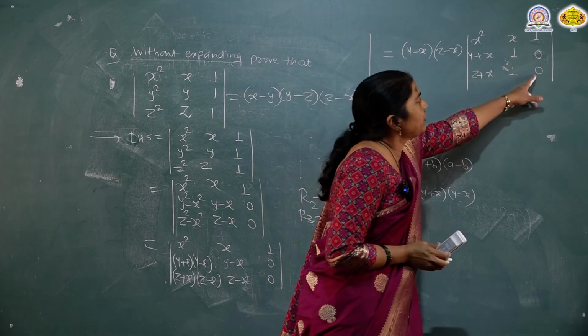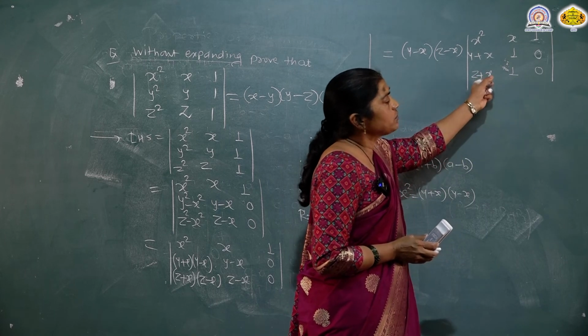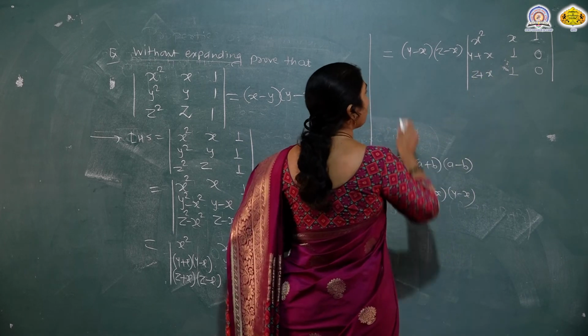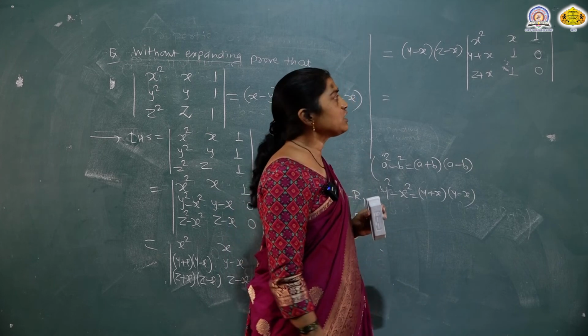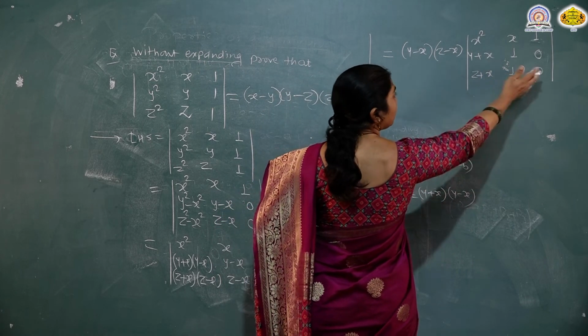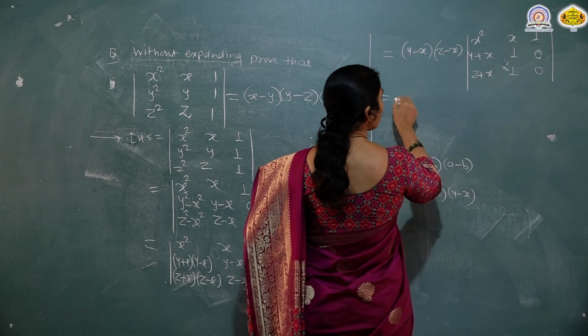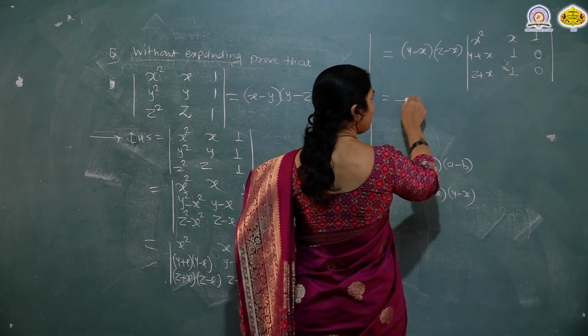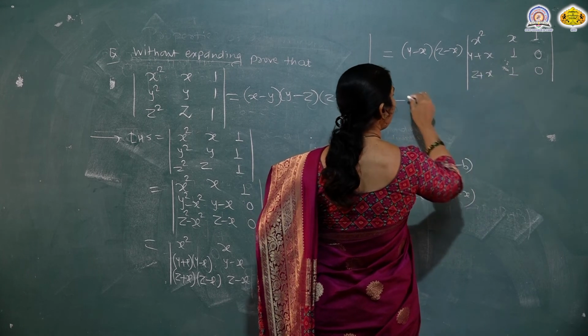Now, if you interchange any two columns or any two rows, the value of the determinant changes by sign. I will interchange the first and third columns.